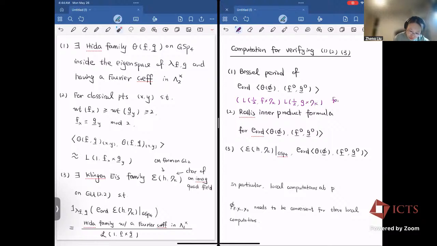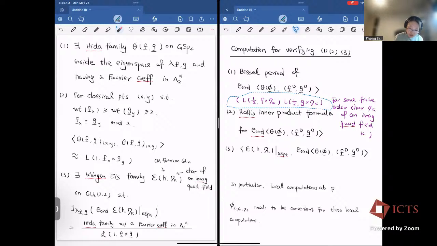For some finite order character of the imaginary quadratic field, we can use the mod p non-vanishing result to pick a good eta k, so that this will give us a unit.